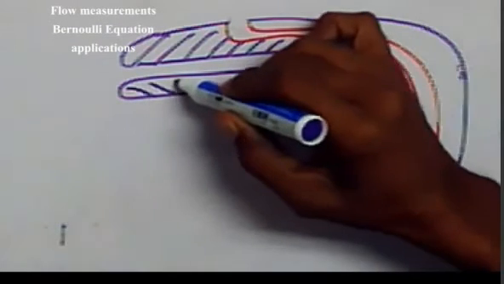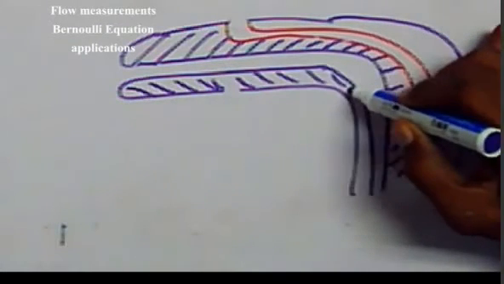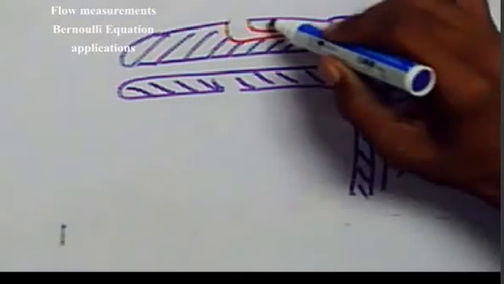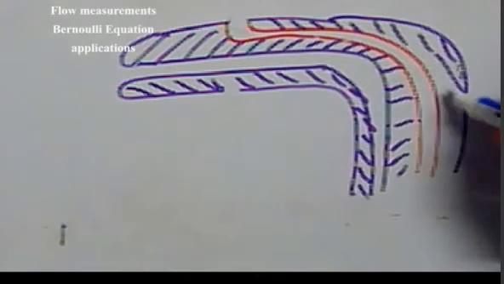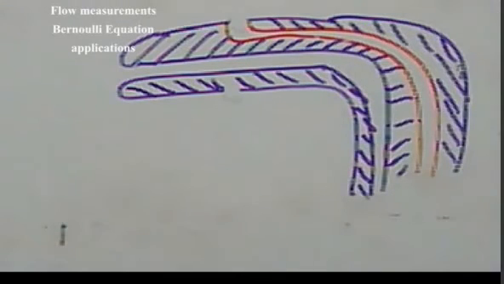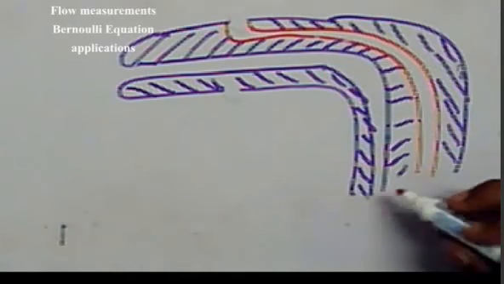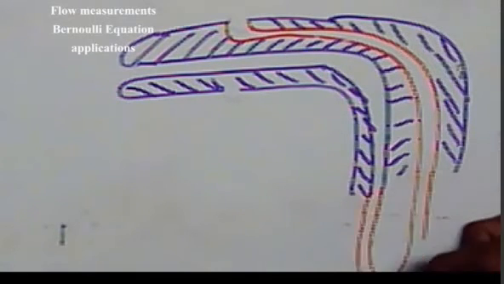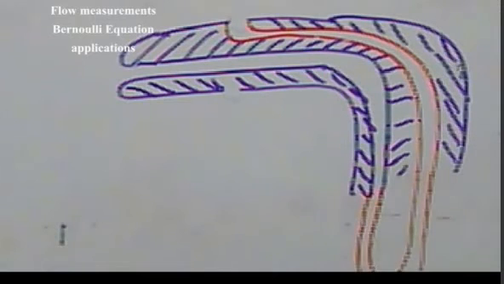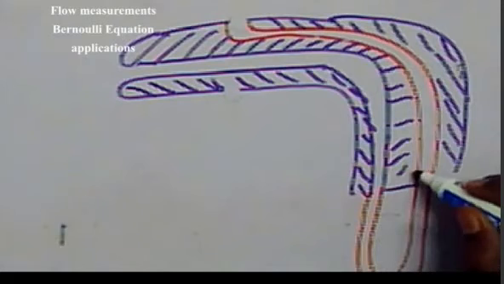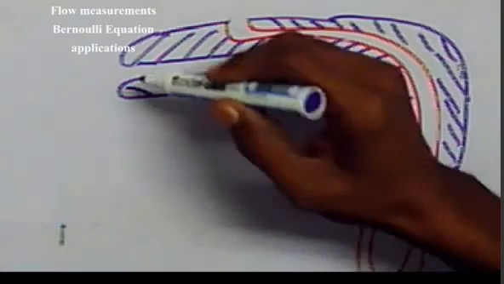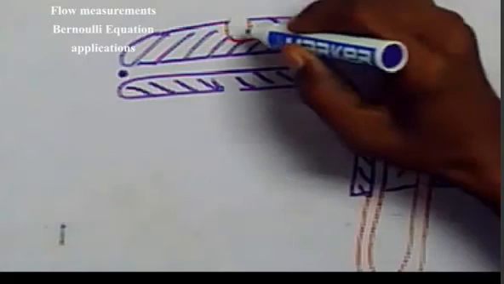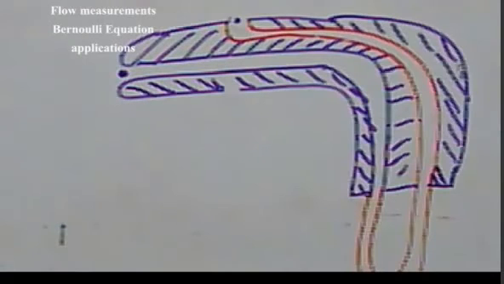This is the cross section of the pitot probe. And then we connect this pitot probe with the manometers.